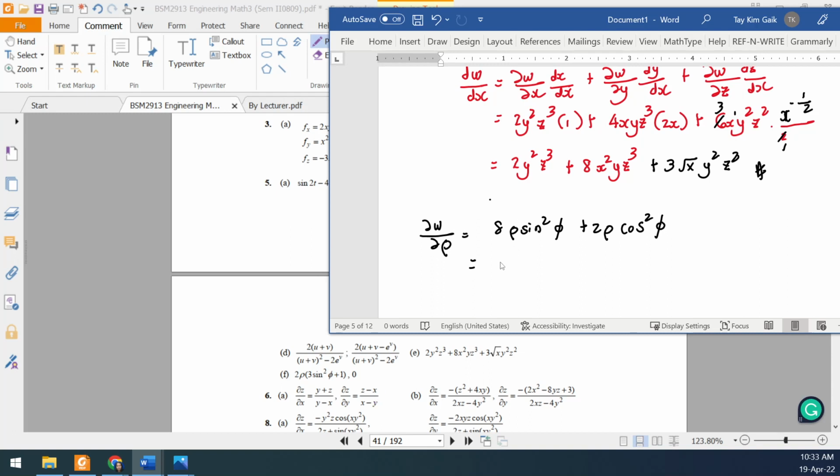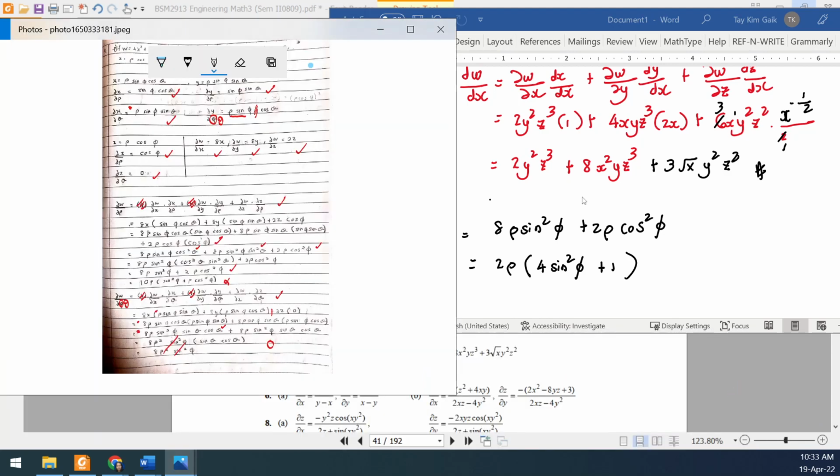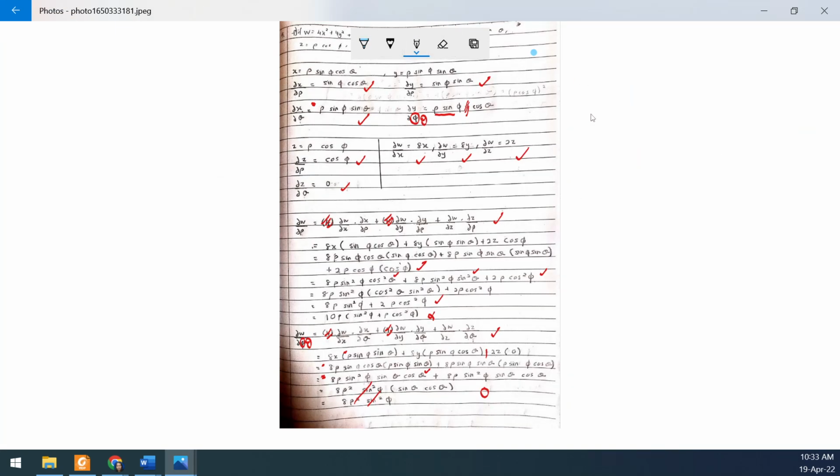Okay, if we factor out 2 rho, first term you still have 4 sin squared phi. So maybe you got some careless mistake. Okay, del W del rho, it may have some careless mistake. The coefficient here should be 3. Okay, let's check again.